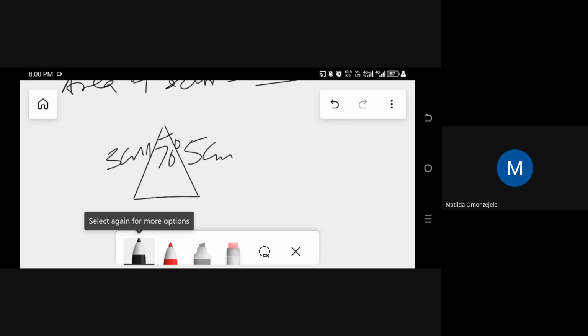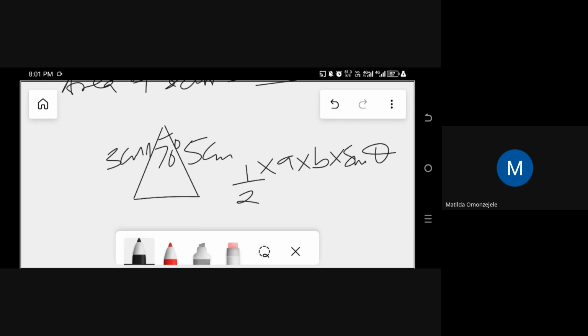So you only have the lengths of two sides, which you call A and B. That 3 centimeters is A, the other side is B. That's what you call AB. And then you have an angle at the top. If you have a question like this, to get the area of the triangle it is half A times B times sine theta. This is a formula.